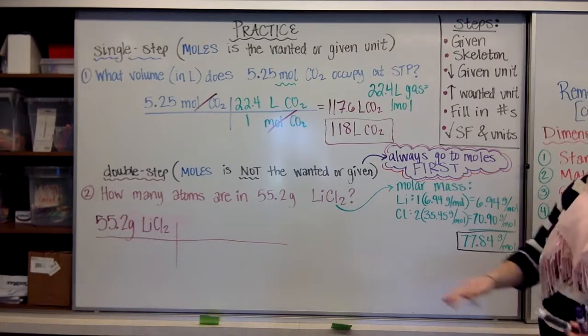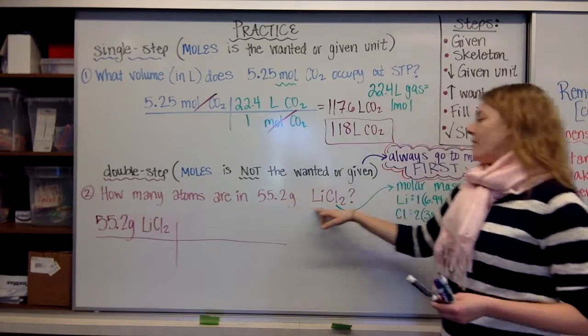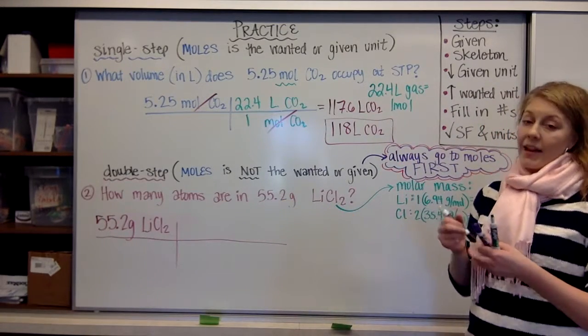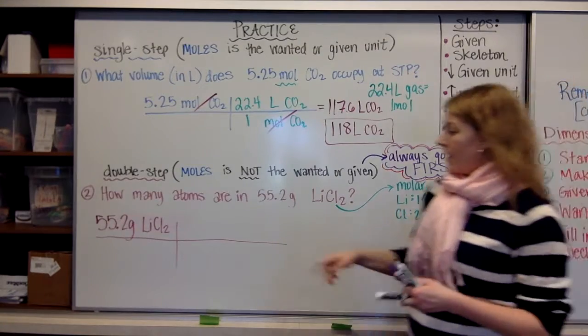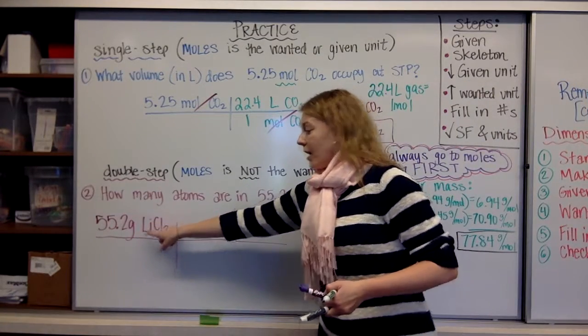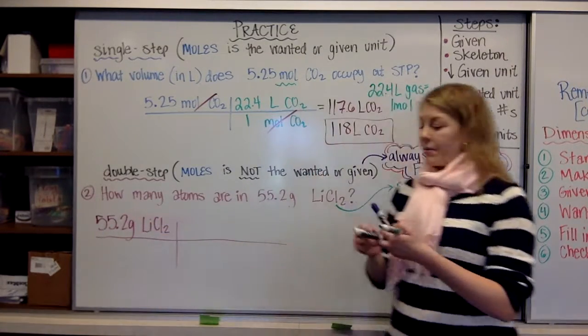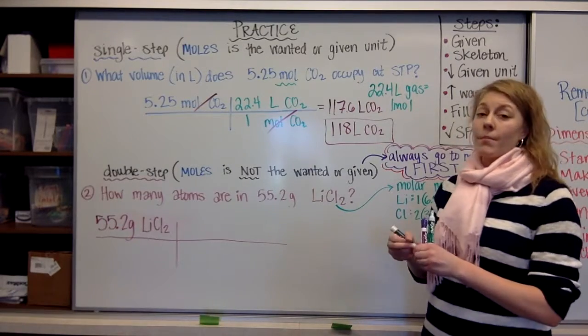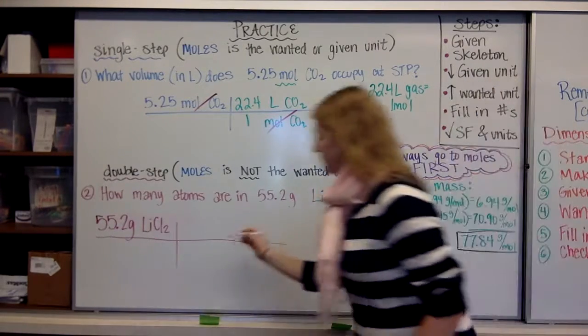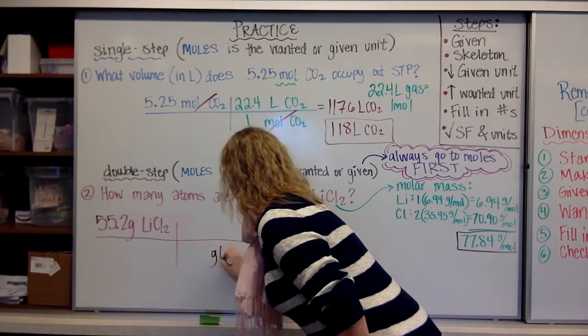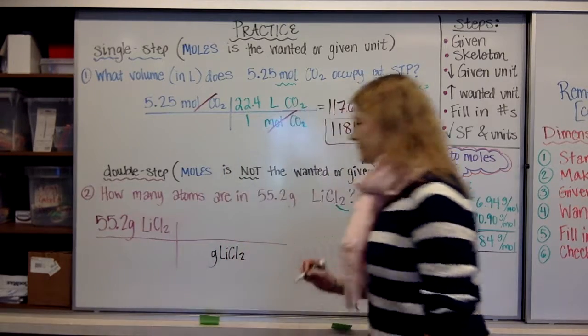So, how many atoms are in 55.2 grams of LiCl2? Okay? My given on top, my skeleton is set up. Now I have to put my given unit on bottom. Grams of LiCl2.